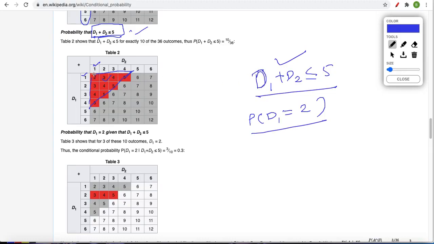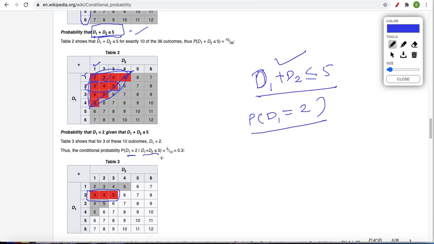That means this is the total sample space. In this sample space, what are the chances of D1 showing 2? Only this row, right? Only this portion indicates D1 as 2. So we want the probability of D1 equal to 2, given that D1 plus D2 is less than or equal to 5.